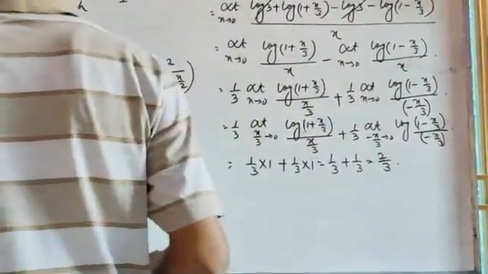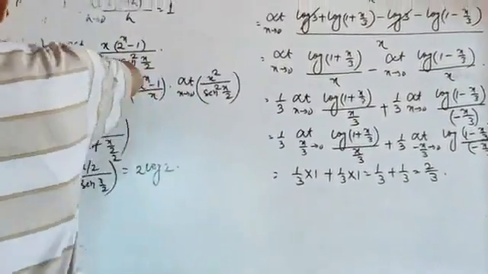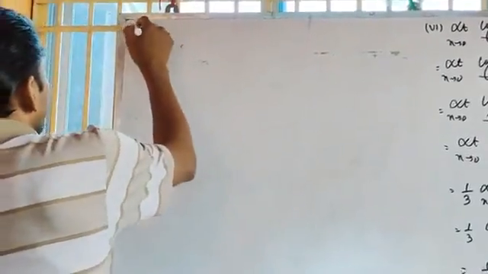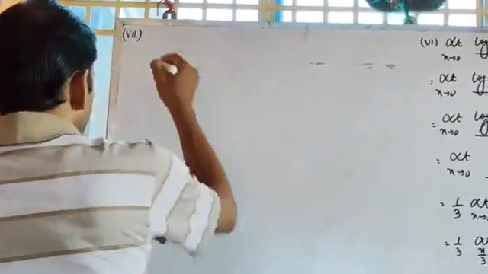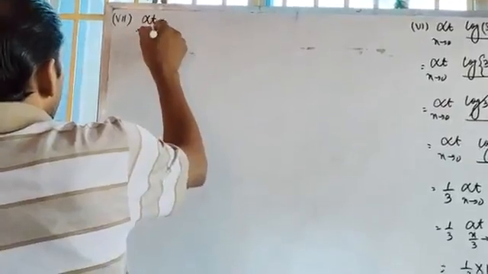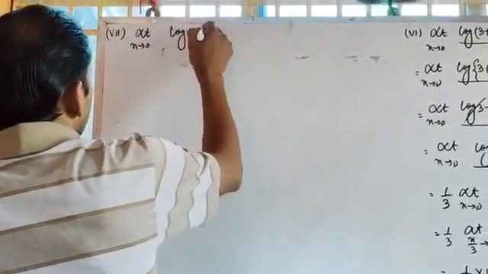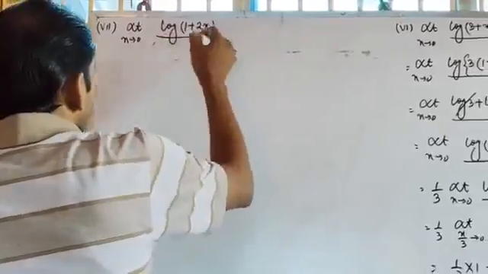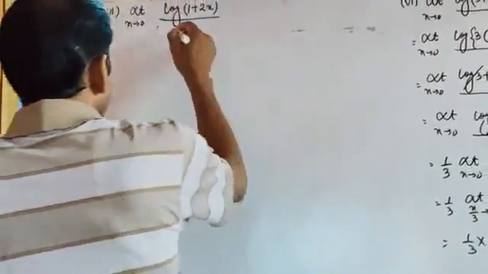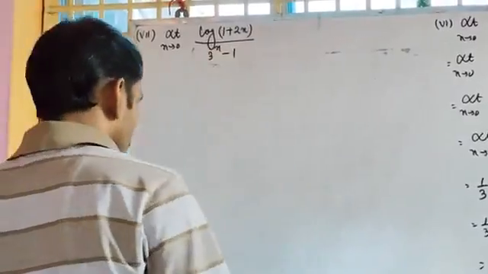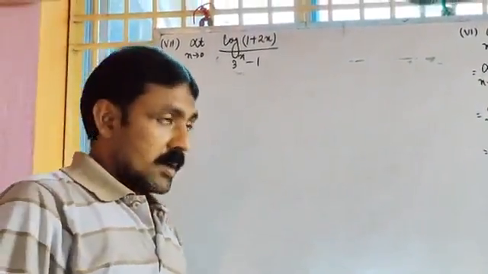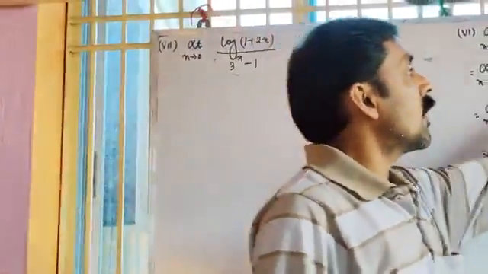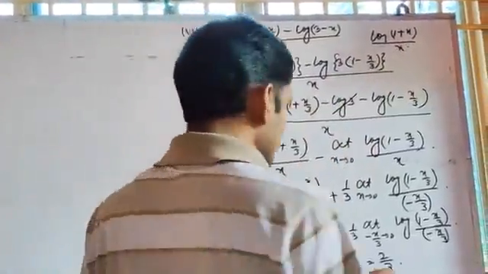And the last question, number 7. Limit x tends to 0 of log 1 plus 2x, whole divided by 3 to the power x minus 1. Now here when it is log 1 plus x, the denominator is x.